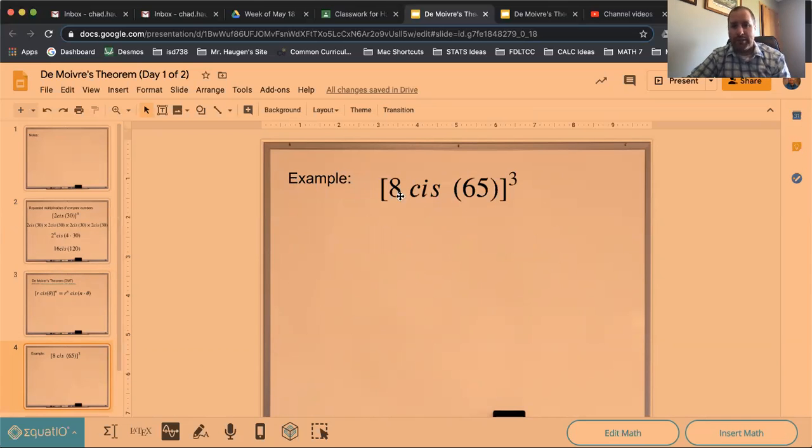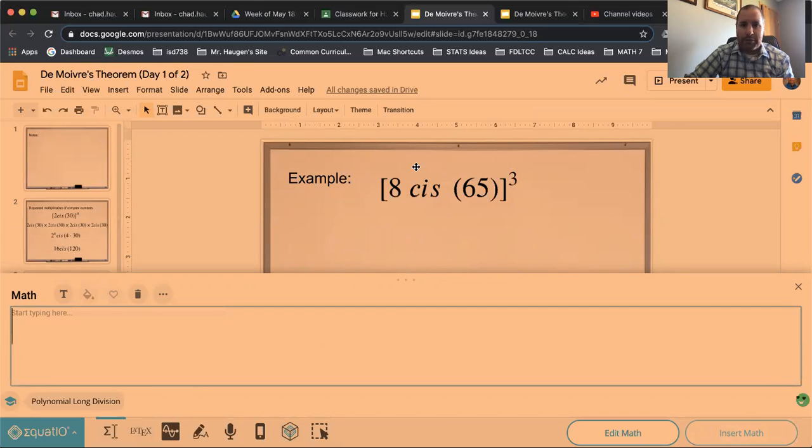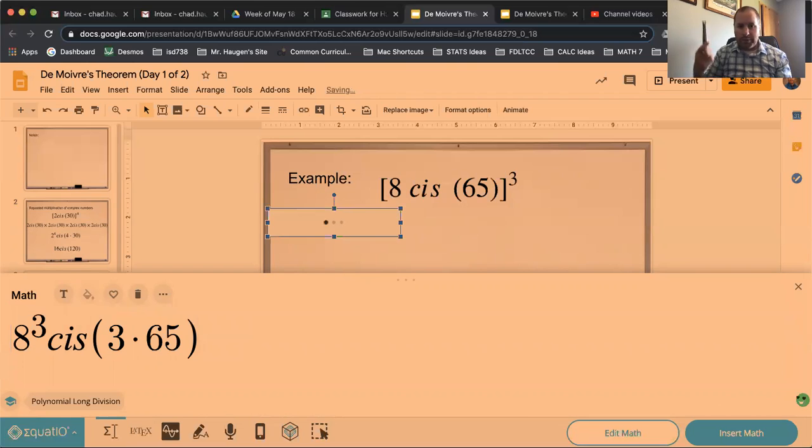So for example, here, if I had this one, what I would do is let's clear this stuff out of here. I would take the 3 and bring it down to the 8. So that'd be 8 to the 3rd power cis 3 times that 65-degree angle. And then you use your calculator to figure that out.